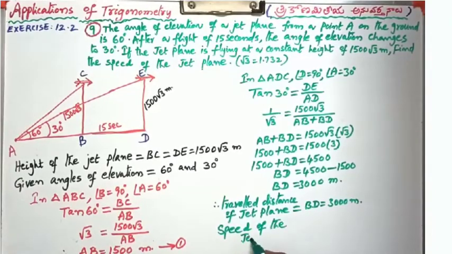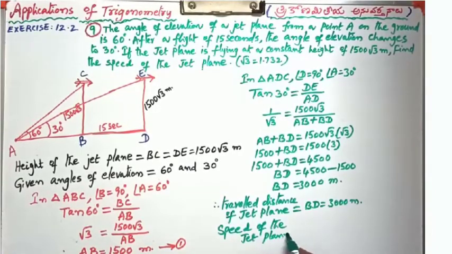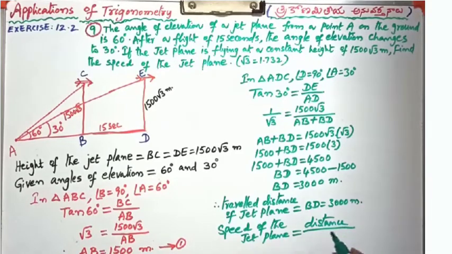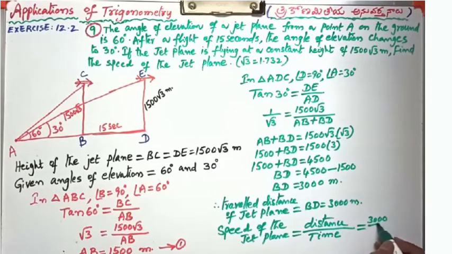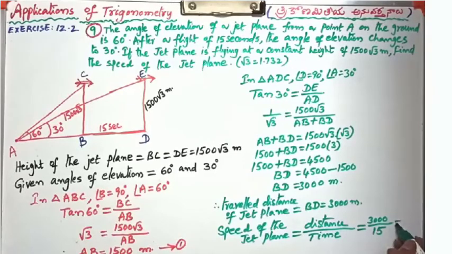Speed of the jet plane is equal to distance by time. So that is equal to distance 3000 by time 15 seconds. Okay, if we cancel this, 200 meters per second.